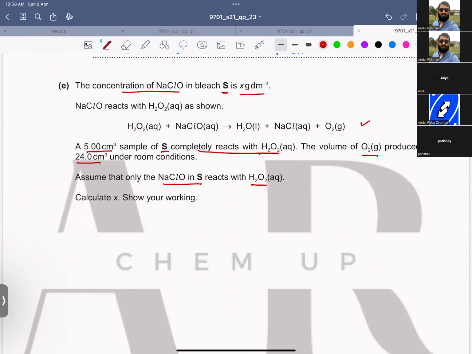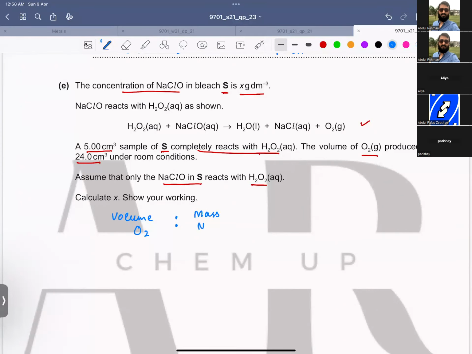So x is the amount of NaClO in bleach S. We are provided with the volume of oxygen and we have to find the mass of NaClO.